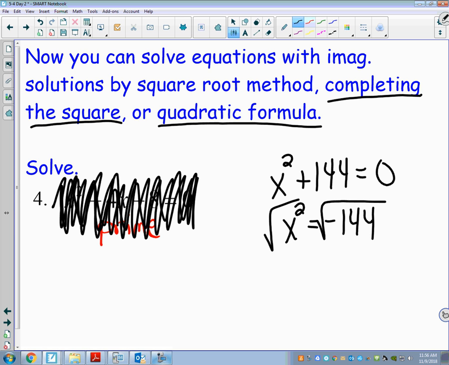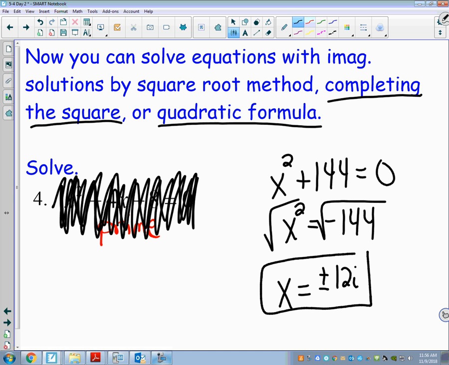And I could take the square root of both sides, and I could get that x equals plus or minus 12i. Which means if I graph this, it never crosses the x-axis. But what it does have is two complex solutions, or two complex zeros.